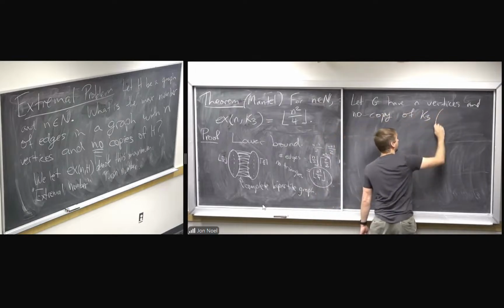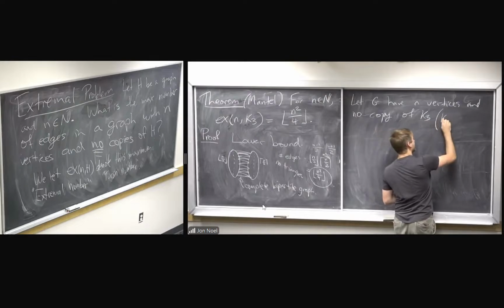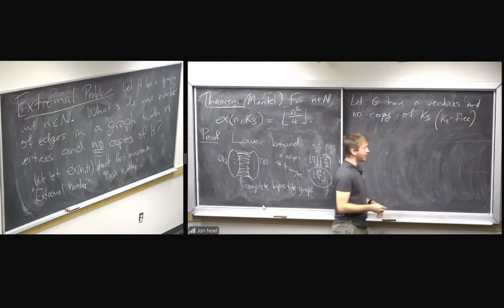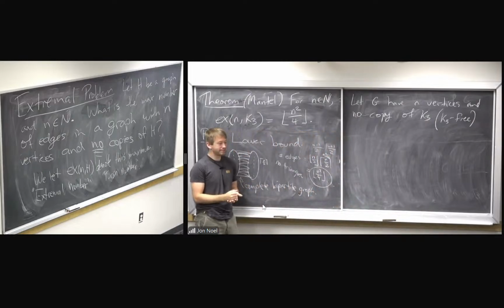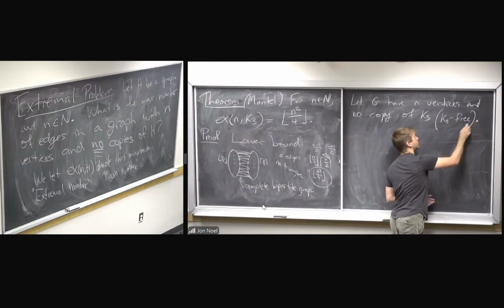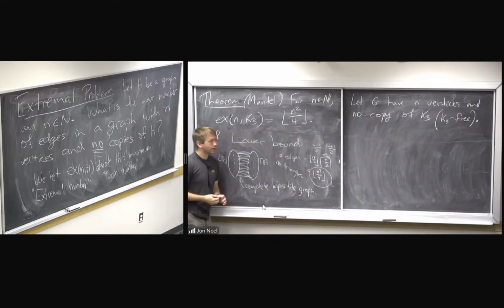By the way, we should introduce some shorthand for this. We can call this K3-free. Generally, let's say that a graph is H-free if it doesn't have a copy of H. And we want to bound the number of edges.